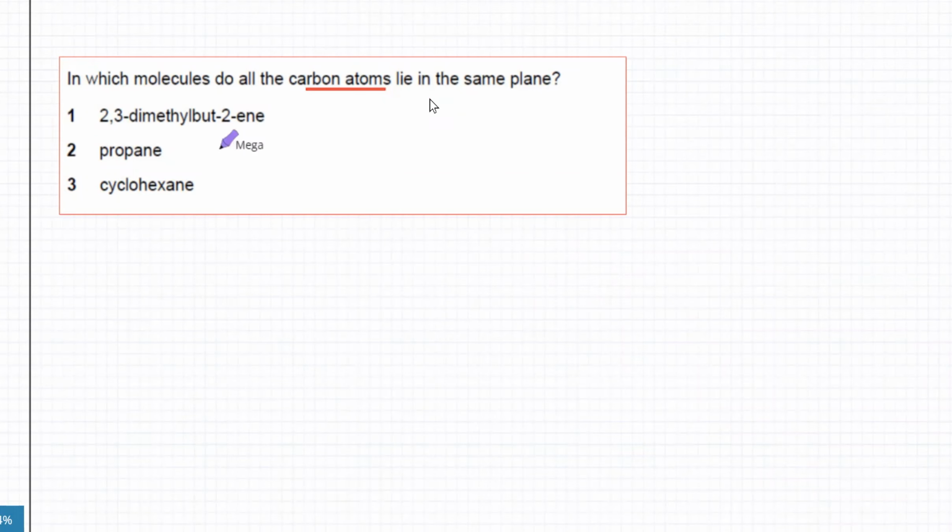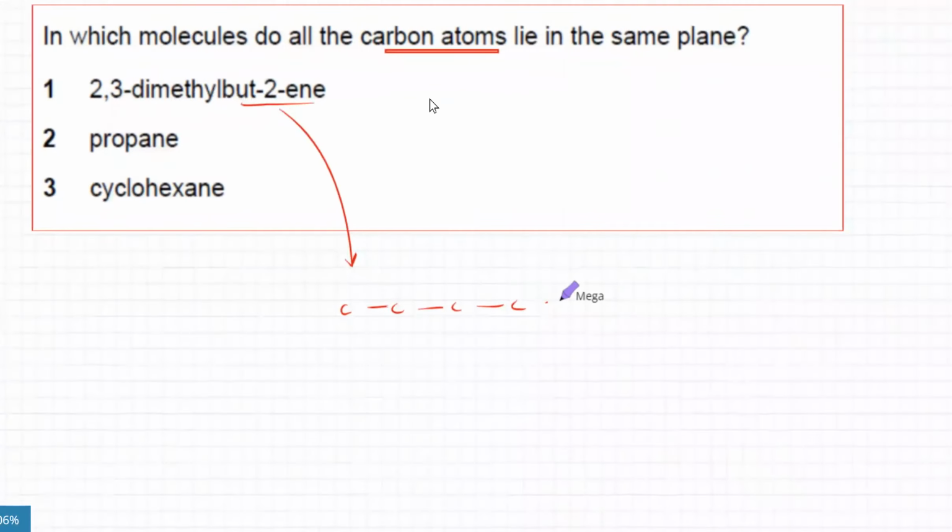So the first one is 2,3-dimethylbut-2-ene. Right now you haven't studied organics, so 2,3-dimethylbut-2-ene, you start off with but, that's 4 carbon atoms. So that's 1, 2, 3, and that's your fourth carbon atom.